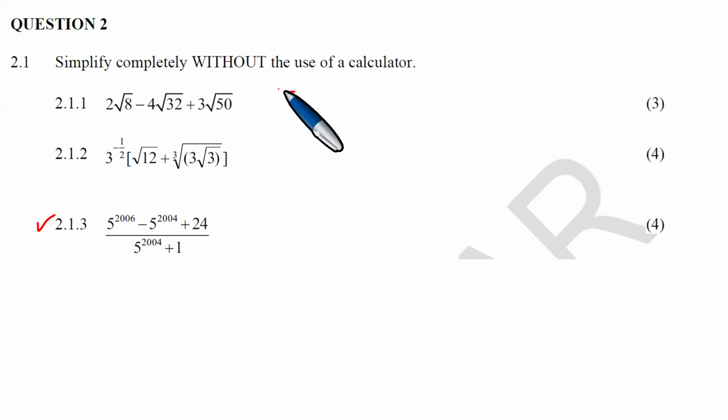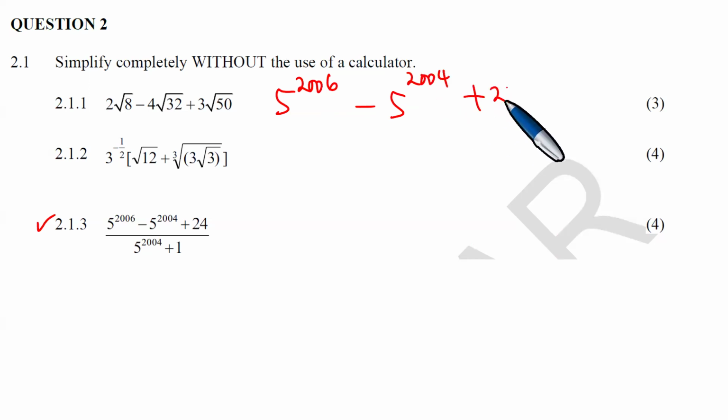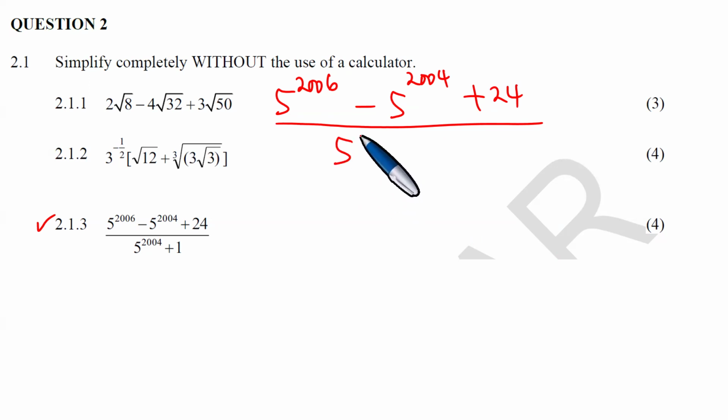The question is, first and foremost, 5 to the power 2006, 5 to the power 2004 plus 24, all divided by 5 to the power 2004 plus 1.